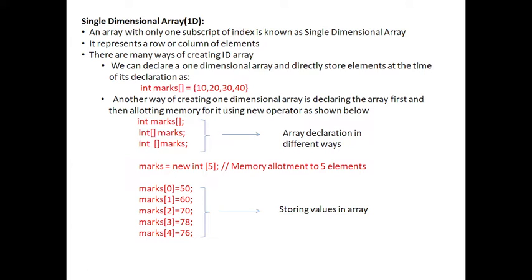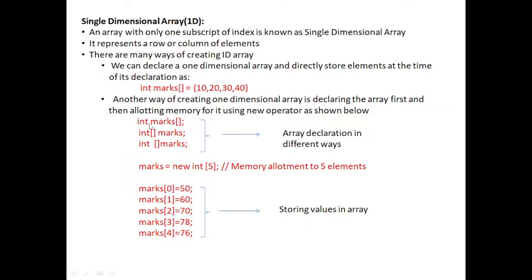With the help of the new keyword: marks is equal to new int of 5. This is the name of the array, marks, and new is the keyword which is used to allot the memory to this marks array. In int 5, int is the data type.